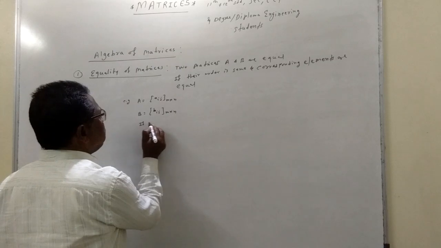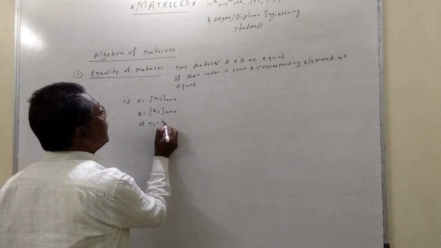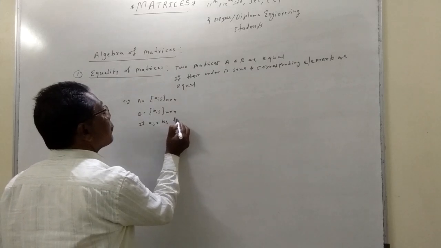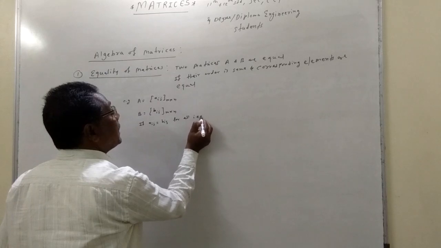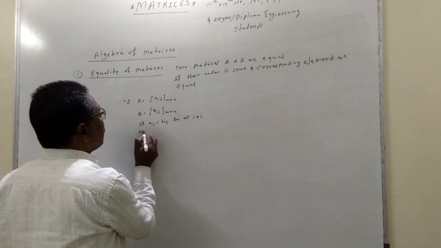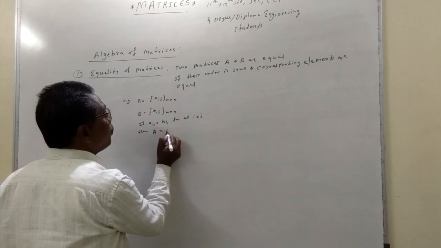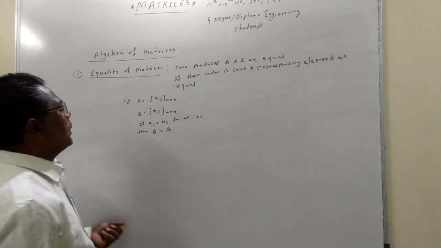If Aij is equal to Bij for all i and j, and the order is the same, m by n, then A is equal to B.